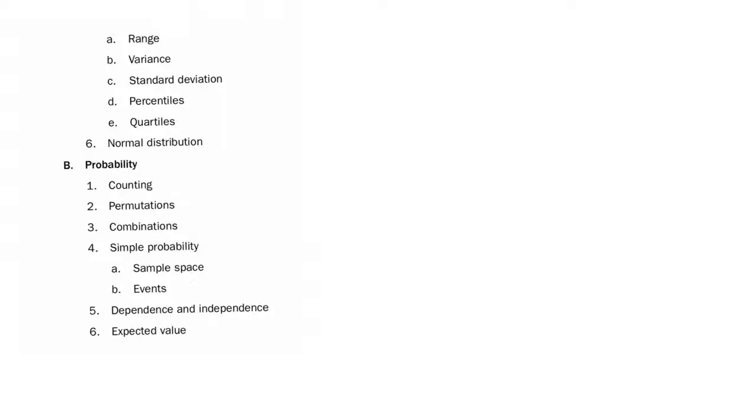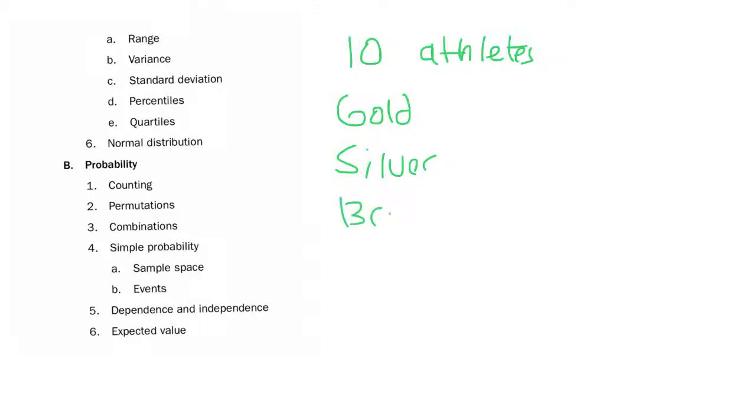So for example, let's say we have 10 athletes competing, and there's the gold medal, the silver medal, and then the bronze medal that you could win. And there are 10 athletes competing for all these medals. Well, how many different winners could we have?